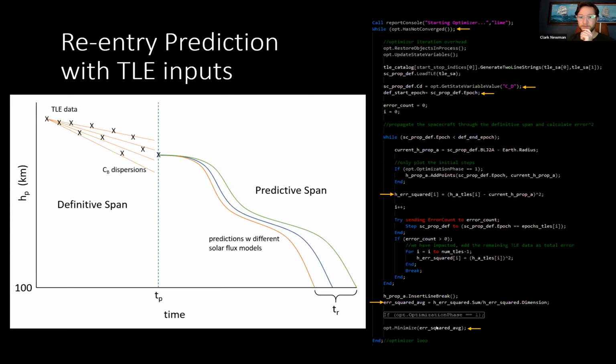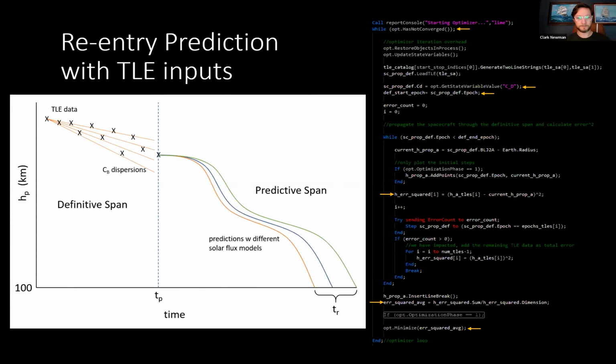That is what we are trying to minimize in this definitive span. And once we achieve a propagated state that threads this needle and sends us from our first to our last state, or rather minimizes the errors across this whole span, we'll take that and then propagate it forward. That would be the second step.